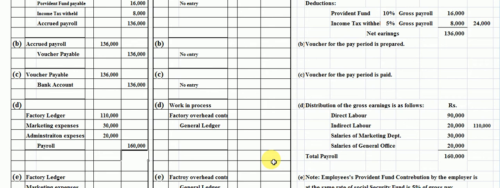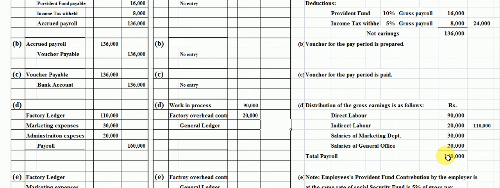Now we will move to the book of factory office to pass the cost of direct labor and indirect labor cost. Now, direct labor cost is 90,000 rupees, which is charged to the work in process, and indirect labor cost is 20,000 rupees, which is charged to the factory overhead control here.